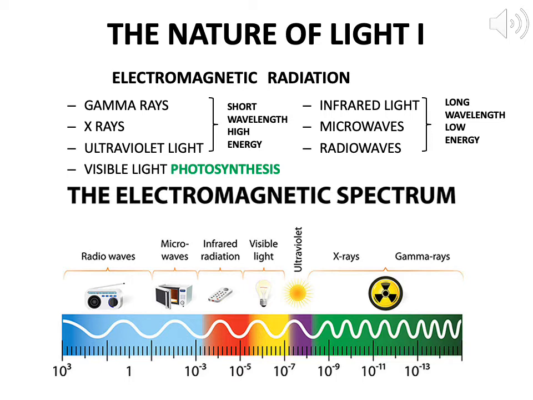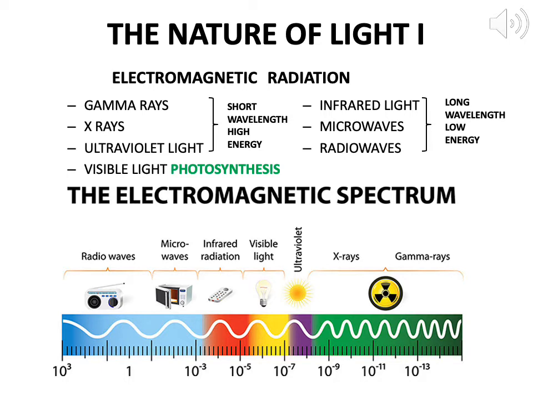Now, electromagnetic radiation comes in a lot of different forms. If you take a look at the bottom of this slide, you'll see a wide range of what constitutes electromagnetic radiation. This is energy radiating from the sun.